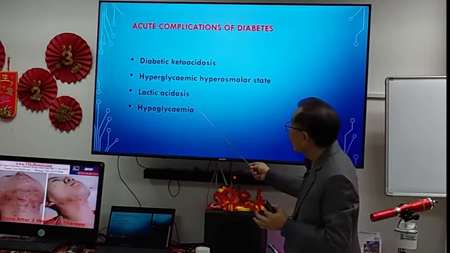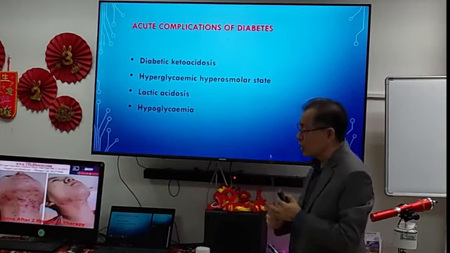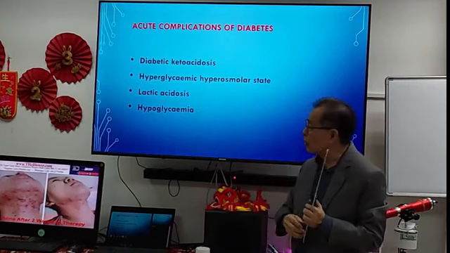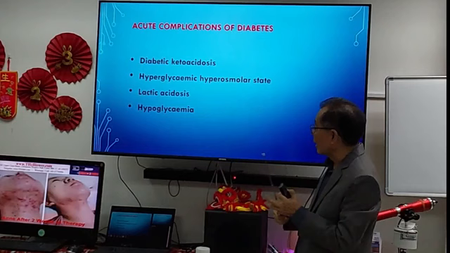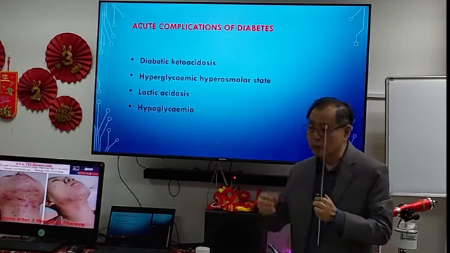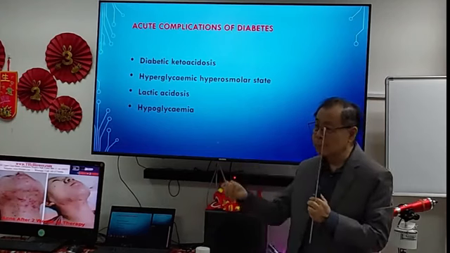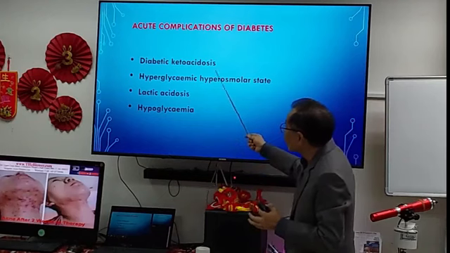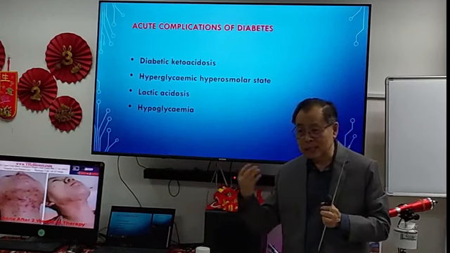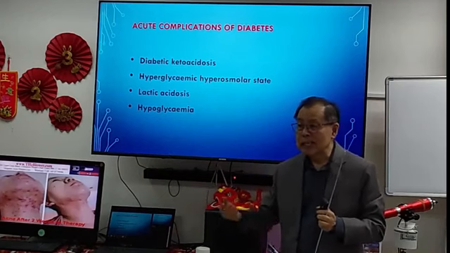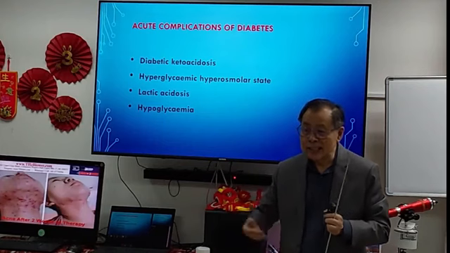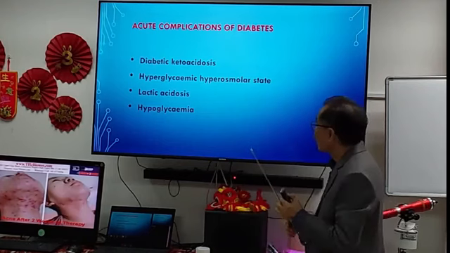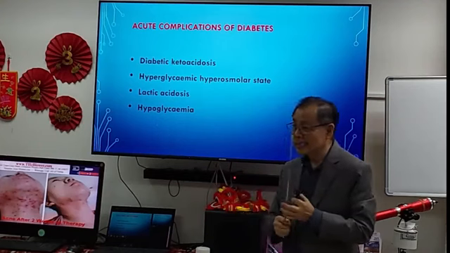Another complication is when you administer too much insulin or take too much anti-diabetic medication, and you go into a situation where your glucose goes very low: hypoglycemia. All these four conditions can cause you to be unconscious, or very restless, confused, and disturbed. Hypoglycemia is the easiest.